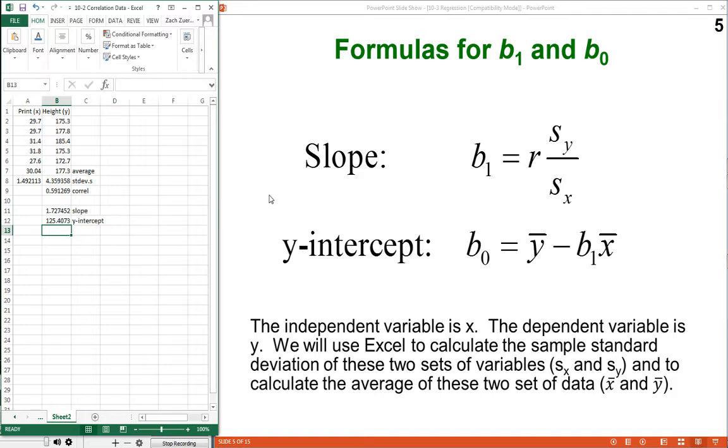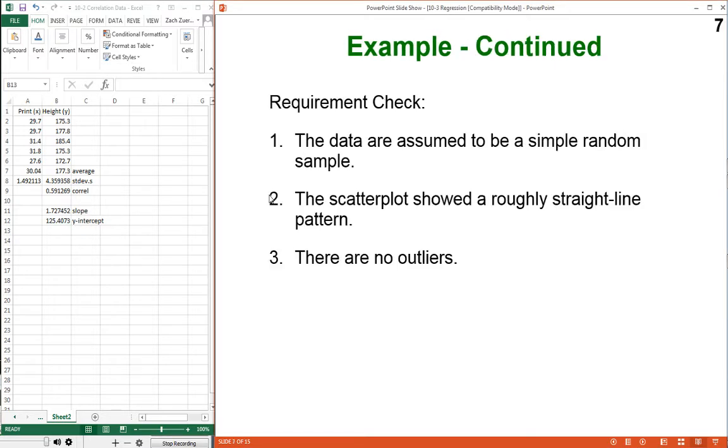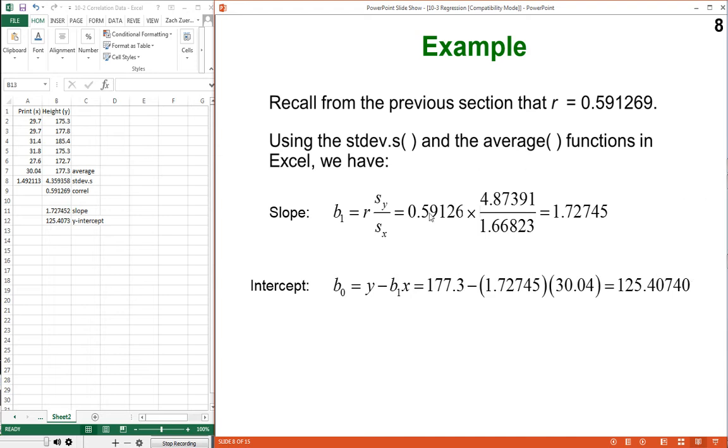So there's our slope. There's our y-intercept. If we jump back over here into this, we'll see that you get the same thing when you take correlation coefficient, the average y over the average x. You get 172.745.